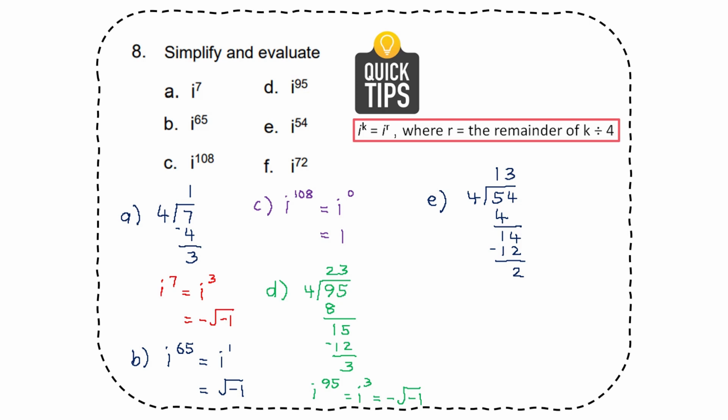So we can write i to the power of 54 equal to i to the power of 2, and it actually negative 1. And for the last question, we have 72. 72 also didn't have the remainder of it. So it's like question C. Your answer will be i to the power of 72 equal to i to the power of 0, and your answer will be 1.